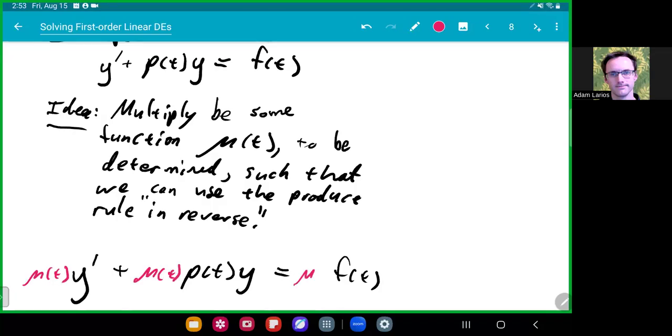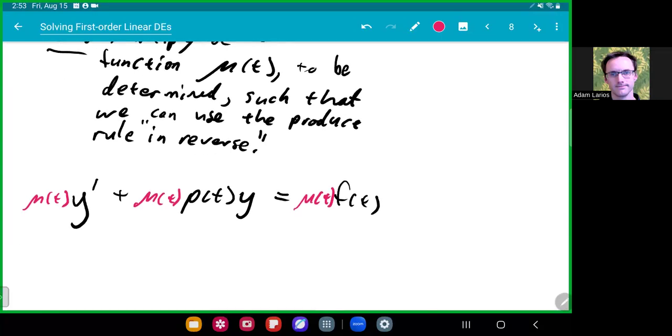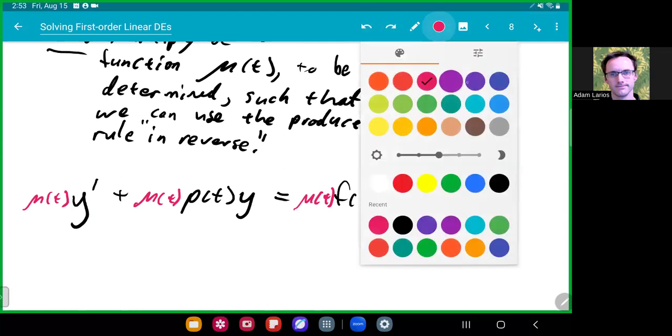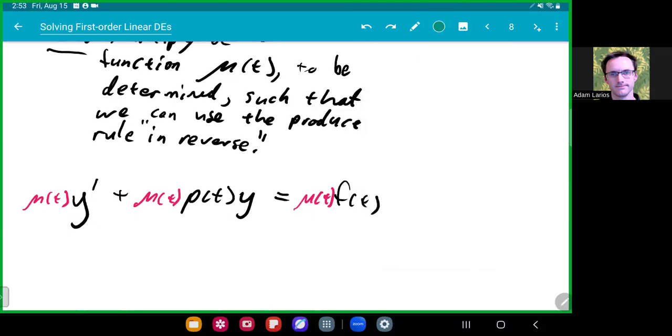I'm allowed to multiply both sides of the equation by the same thing. Now, to use the product rule in reverse, here we have y, the derivative of y, and then y left alone. So here I have mu, and what would be nice is if this thing was the derivative of mu.